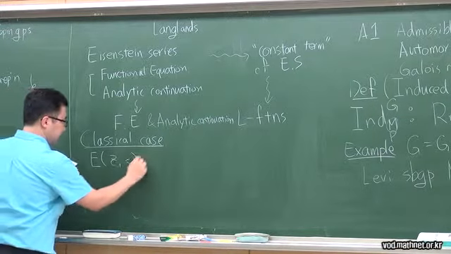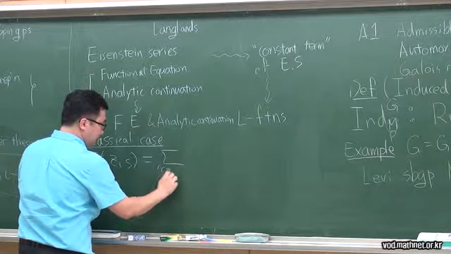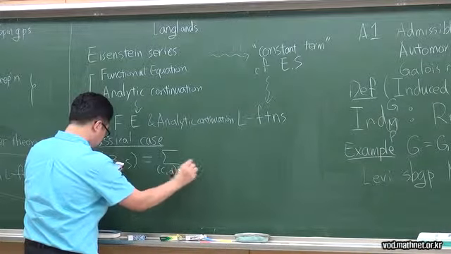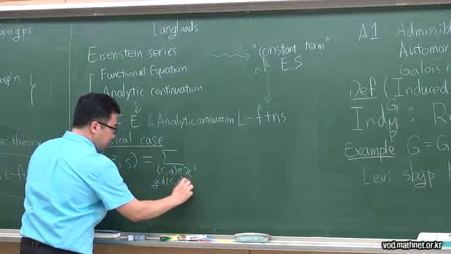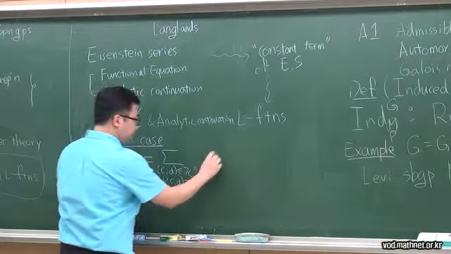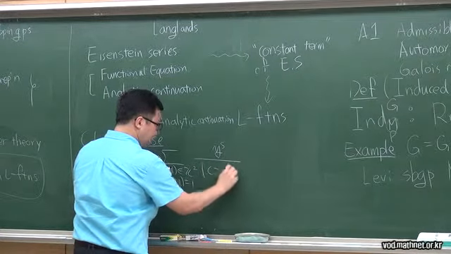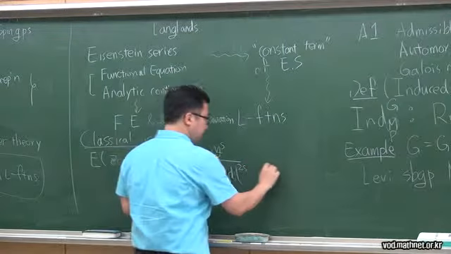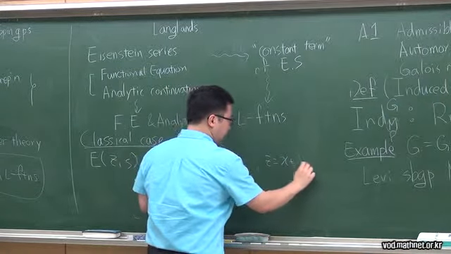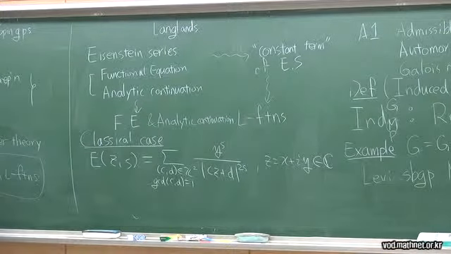E(z, s) is given by the sum over (c, d) in Z squared, with gcd(c, d) equal to 1, of y to the s over |cz + d| to the 2s, where z is a complex number, x plus iy. This is the definition of the classical Eisenstein series.